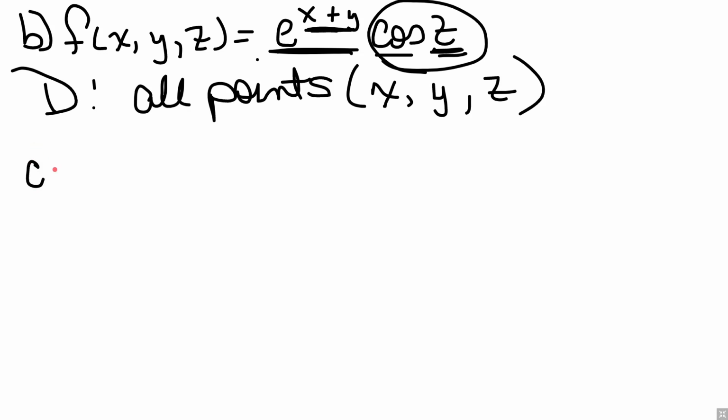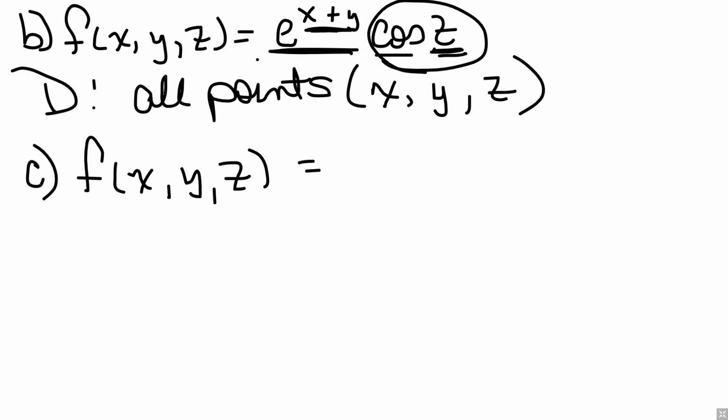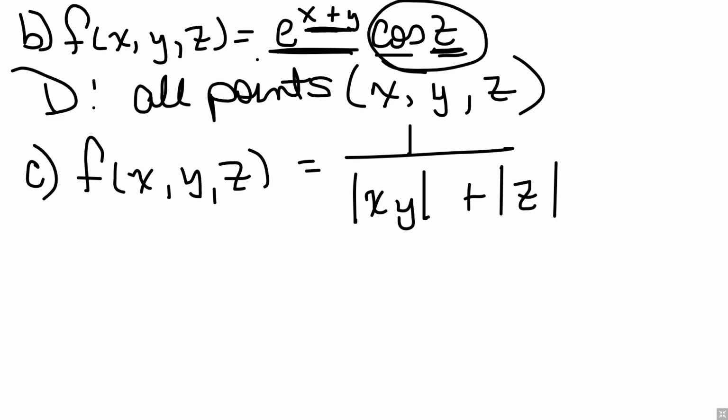So, last problem, we have this. We have f of x, y, z is equal to 1 over the absolute value of xy plus the absolute value of z. So, for this, what would the domain be? All points x, y, z except where everything is 0.